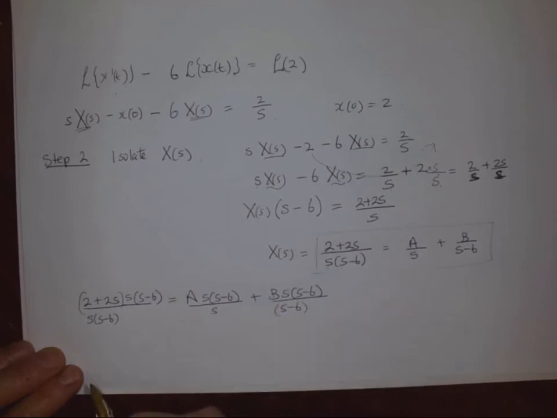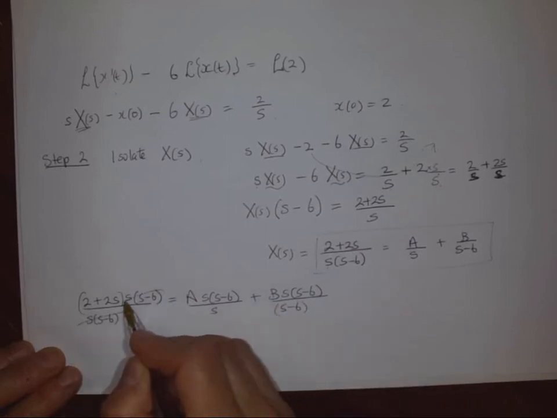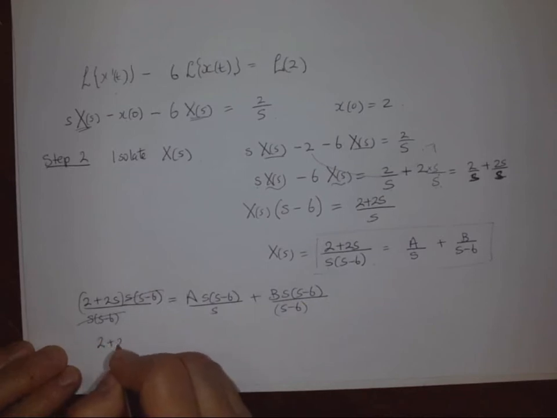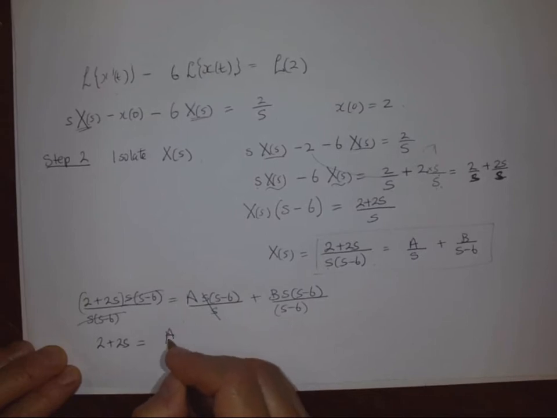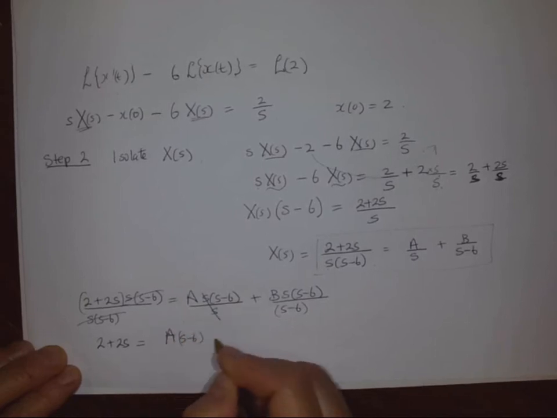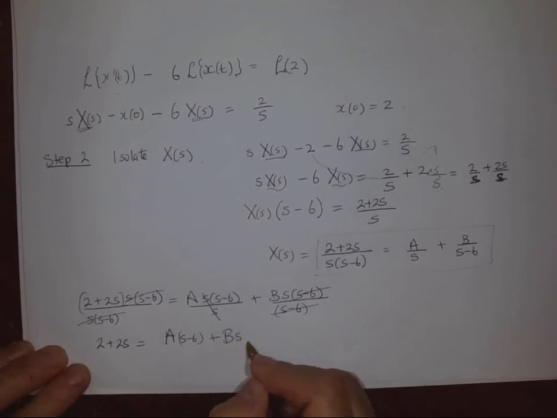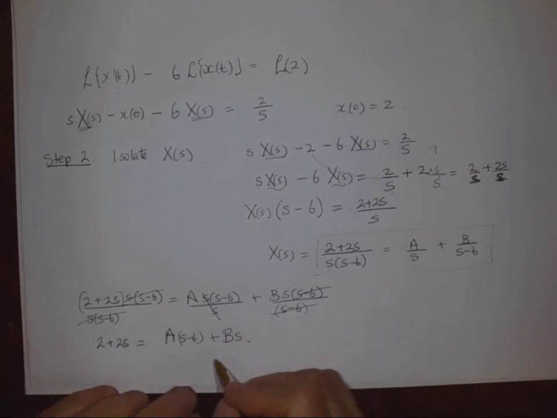And we get cancellations. All of that cancels with all of that. We're left with 2 plus 2s equals, the s's cancel here, a times (s minus 6), plus the (s minus 6) is cancelled here, b times s. So all we have to do is find a and b.